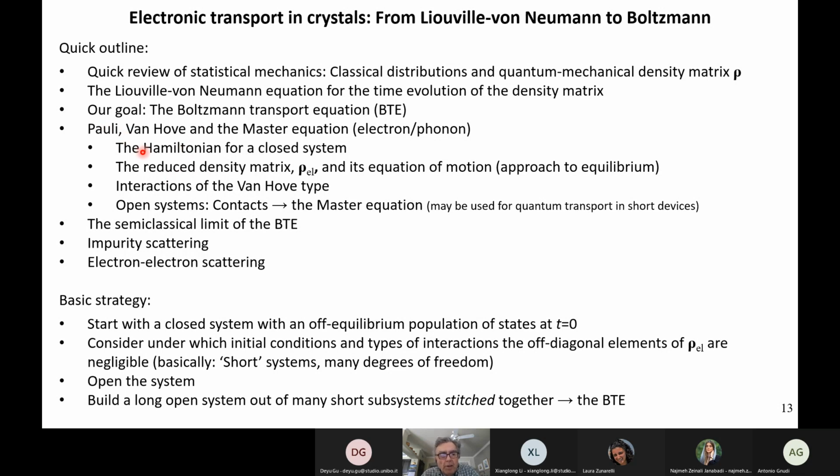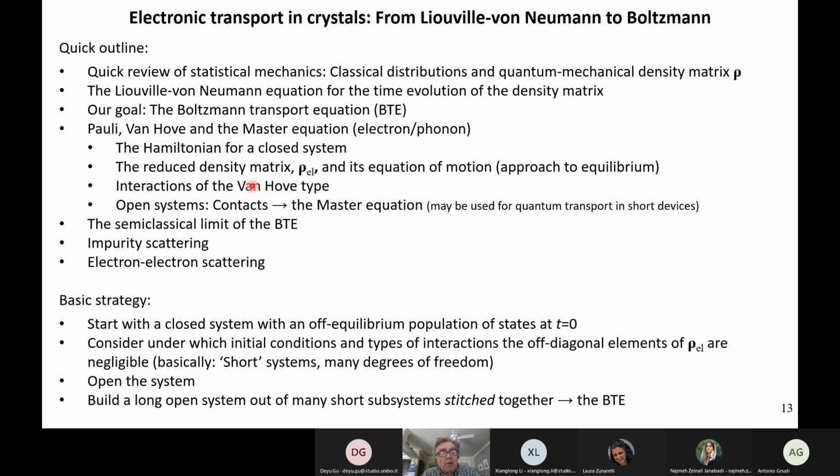So we will have to discuss this a little bit, and we'll follow a strategy which I'll describe here, starting with a closed system, introducing the reduced density matrix for the electrons and how its dynamic evolution is described, which is the approach to equilibrium, which is what Pauli and van Hove wanted to describe.